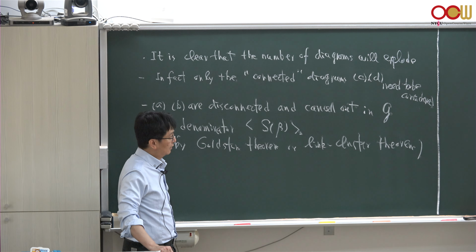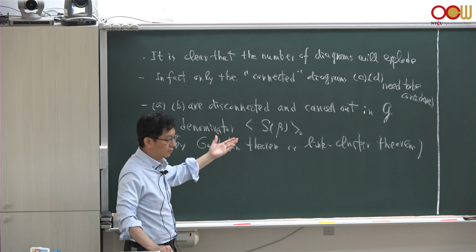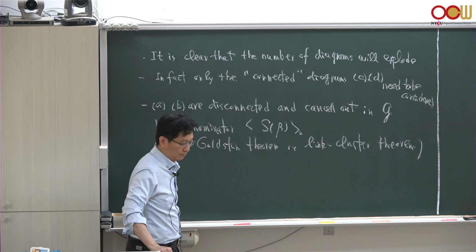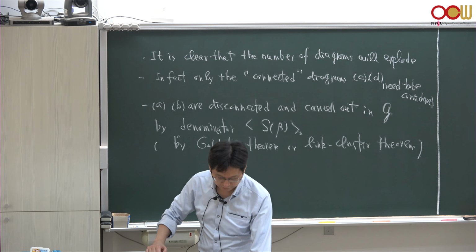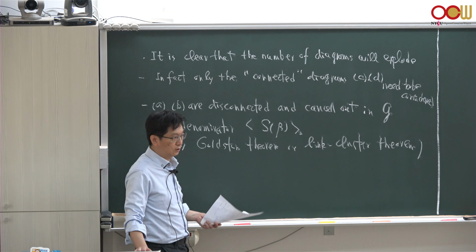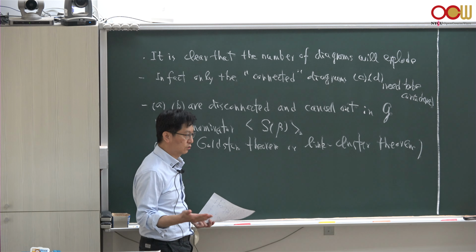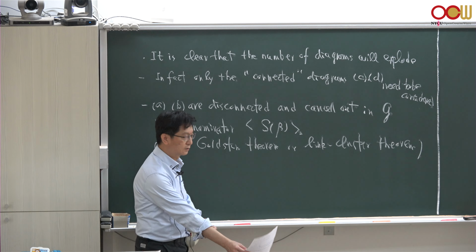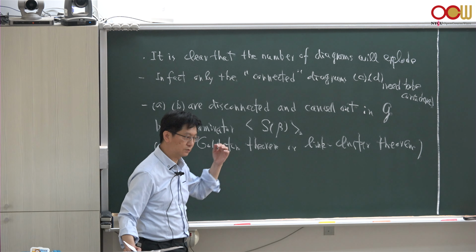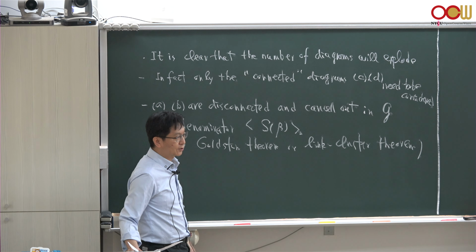I don't know, you can count. Up to third order, you cannot exhaust all the diagrams for this higher order term. So very soon you have no control over the diagrams, even if the diagrams are already simplified to some extent.